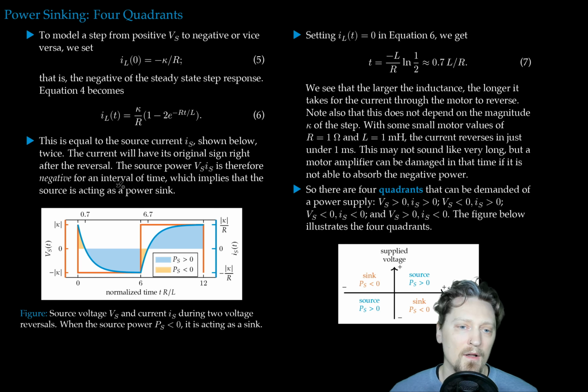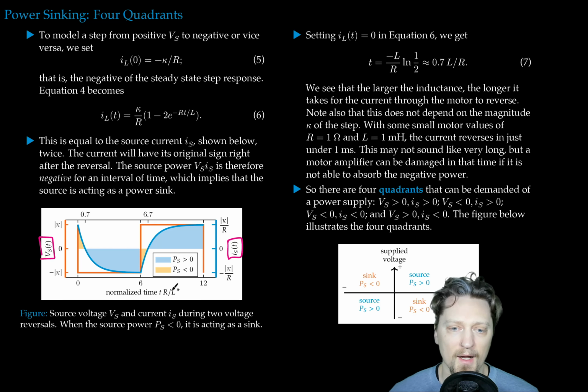So we see here plotted the source voltage Vs of t in orange with the orange axis here. And we see the current Is of t that's drawn by the circuit also as a function of time in blue and with the scale associated with the right-hand blue axis. We have normalized time.